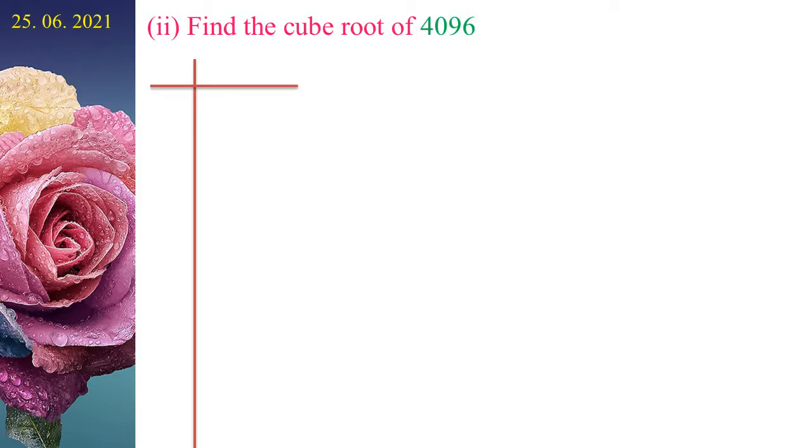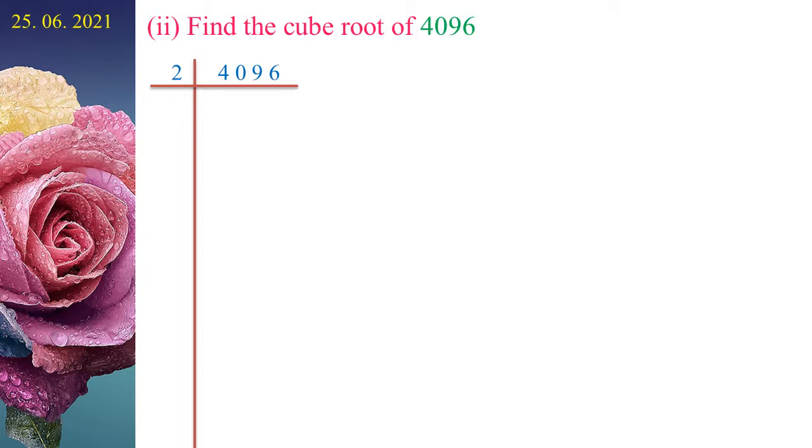Now we are going to learn how to find the cube root of 4096 using prime factorization method. Here, first we should find the prime factors of 4096. Here we can take the first prime number 2 because the ones digit is an even number.